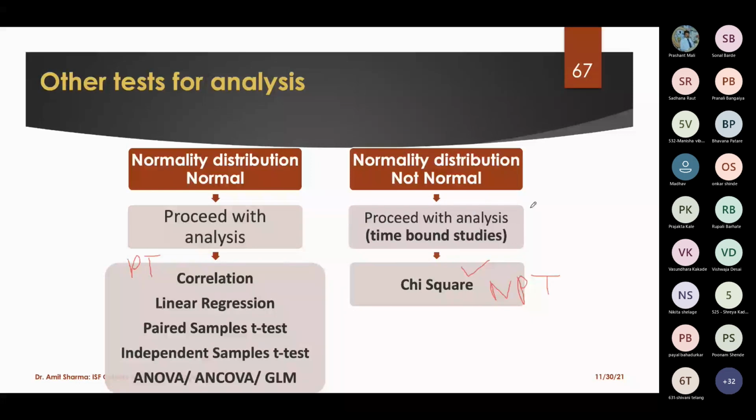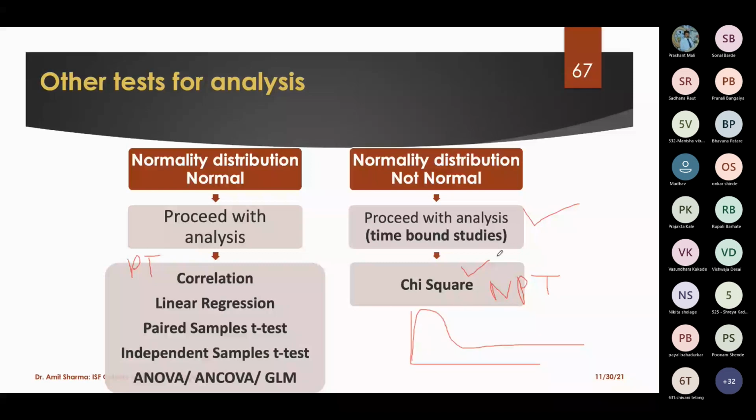So I have written that we can apply the parametric test for two major cases: first, for time bound studies, and second, whenever you have skewness in your data, that is, your data is not normal and you didn't get the bell-shaped curve. Then you proceed with the non-parametric test.